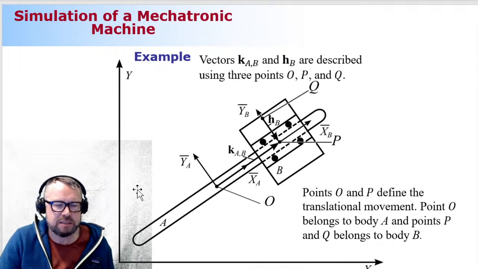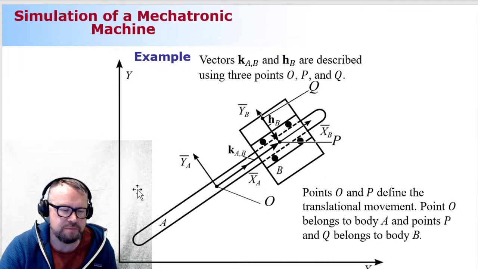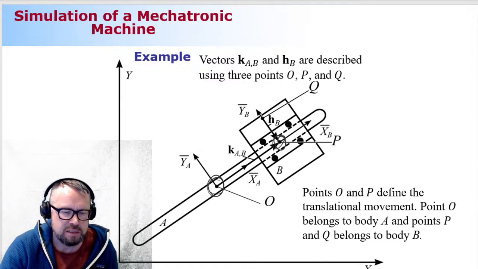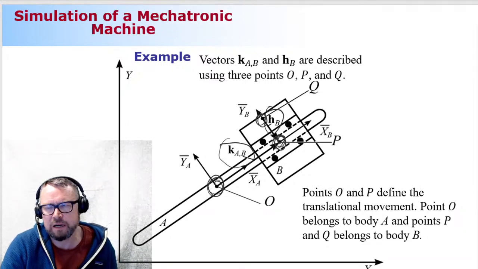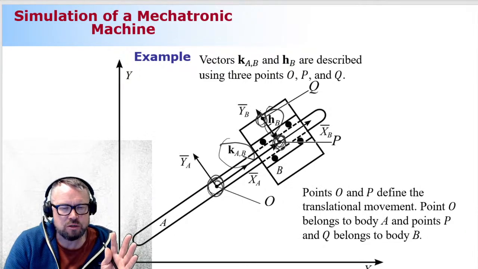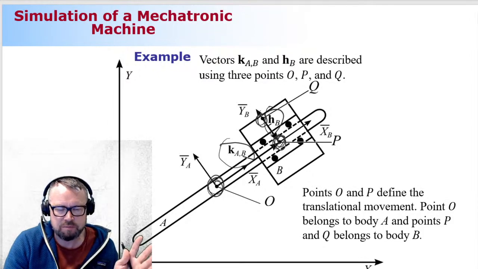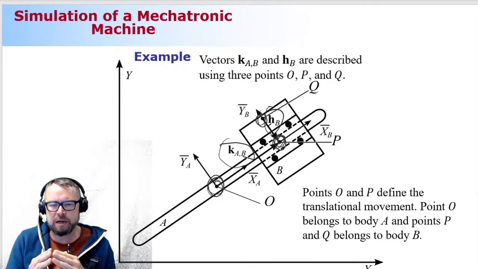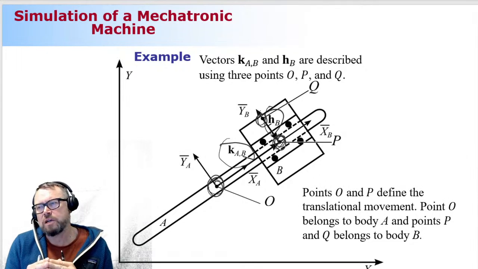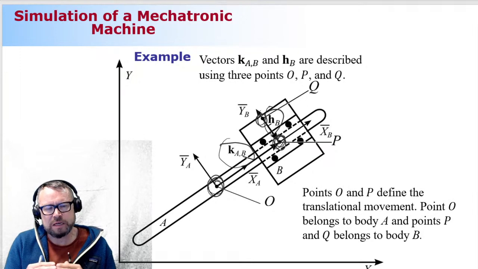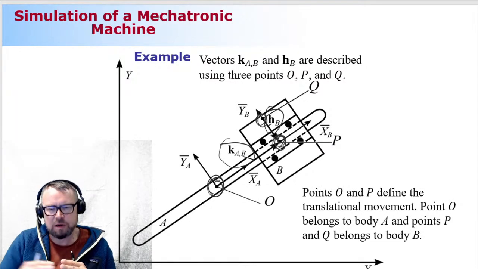So basically, let's get started by selecting these 2 points. It could be 3 points. This one, and this one. And then based on that selection, you're creating these vectors, KAB and HB. Now, once you're done with that, then you're setting these vectors to be perpendicular with respect to each other. And that perpendicular is a mathematical condition that allows you to express the fact that they cannot move relatively with respect to each other other than sliding.